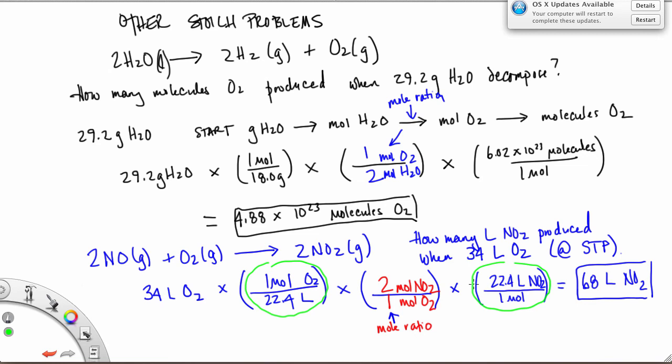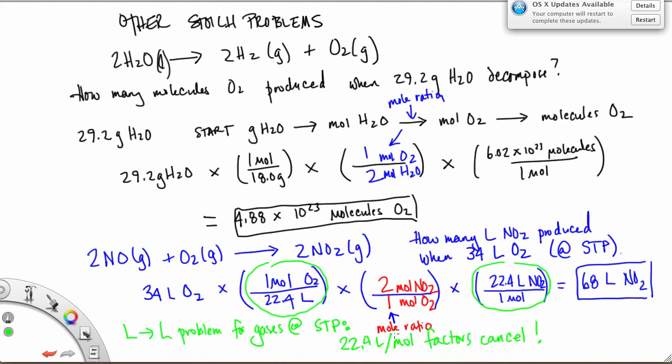What this means is that if we have a liter to liter problem for gases at STP, you'll notice that the 22.4 liter per mole factors cancel out.